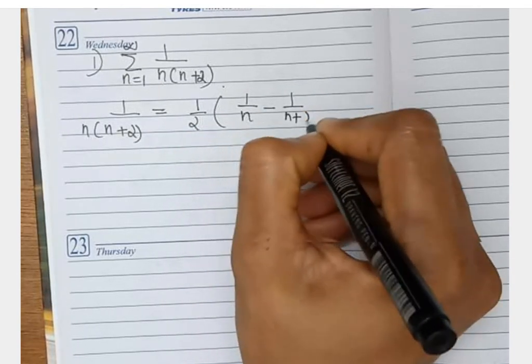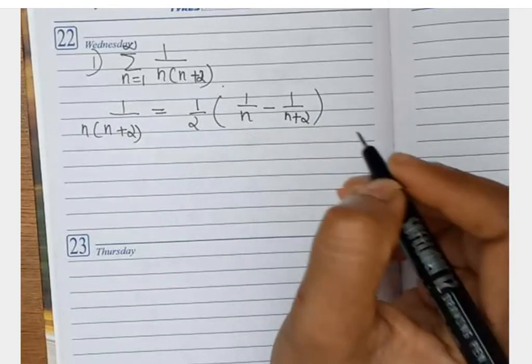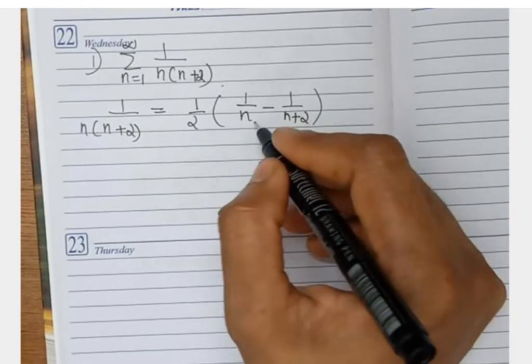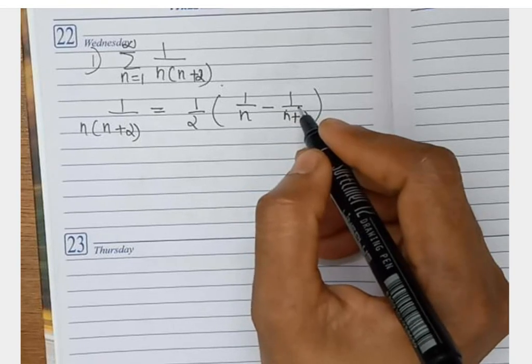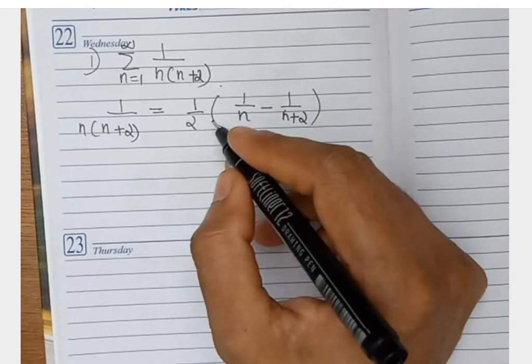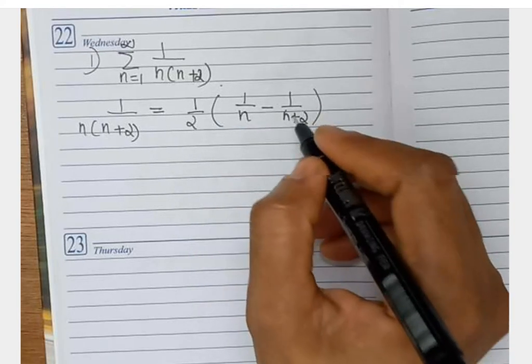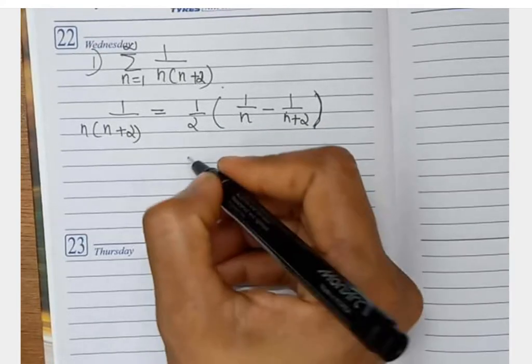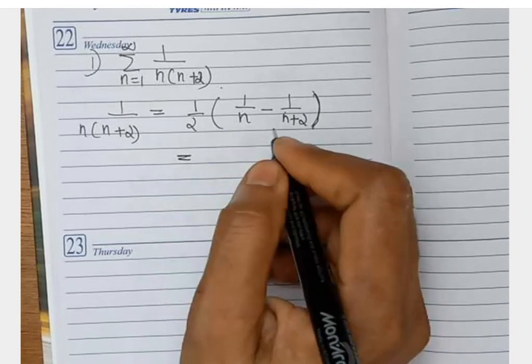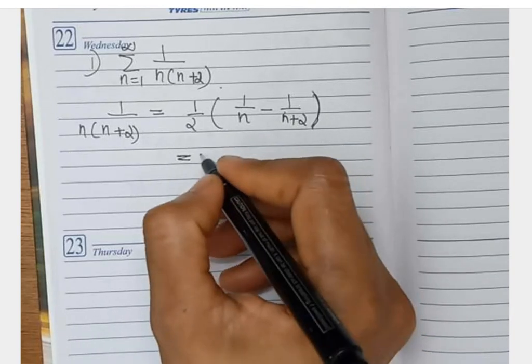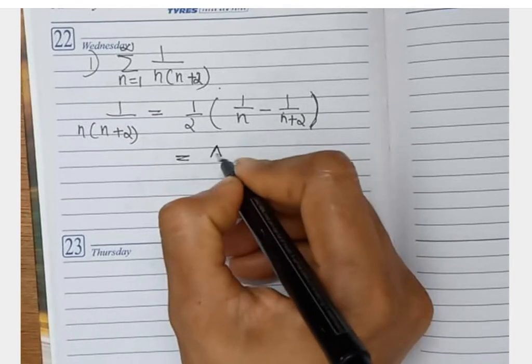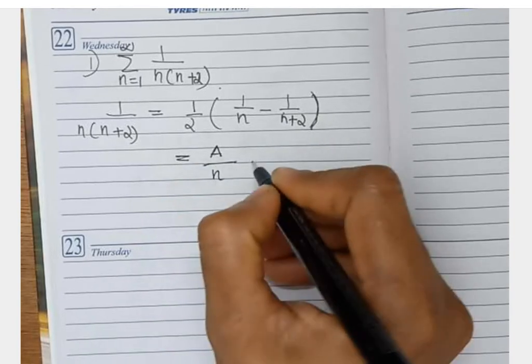Is it okay? n plus 2 minus n will be 2, divided by n into n plus 2, so that 2 gets cancelled. So this is 1 by 2 into this one. How did I get this? Just write a by n plus b by n plus 2.